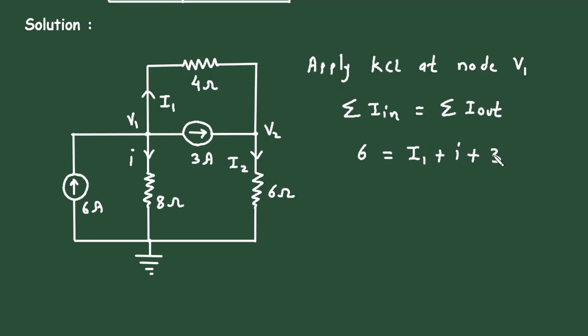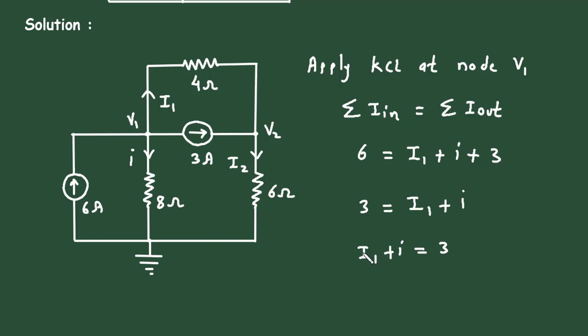Now if we take this 3 on this side, it will be 6 minus 3, that means 3, is equal to I1 plus I. So I1 plus I is equal to 3.